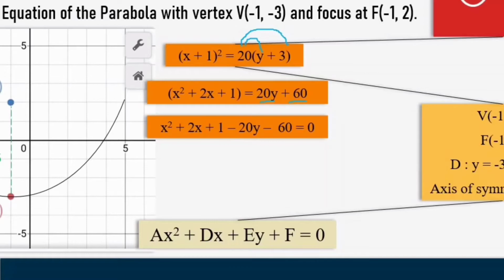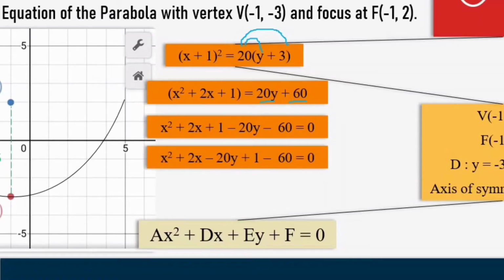Now, arrange natin according to their exponents and variables kagaya ng ginagawa natin doon sa circle. We have x squared plus 2x minus 20y plus 1 minus 60 is equal to 0. Combine like terms, ang pwede lang naman pagsamahin ay ang 1 at ang negative 60. The rest hindi na sila pwedeng i-combine.